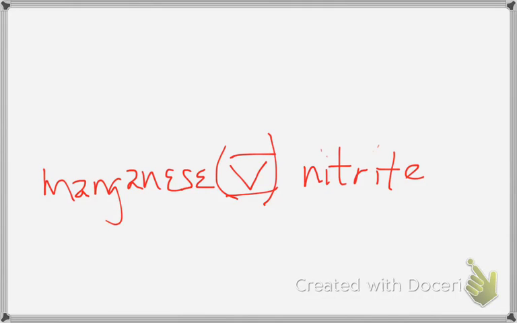Okay, I'm going to start with this one backwards. What's nitrite? That's one you just have to memorize. What's the symbol for the polyatomic anion nitrite? NO2. There are 3 endings that can signify negatively charged ions.